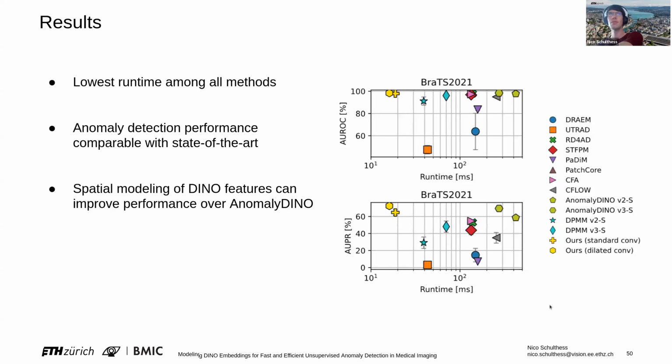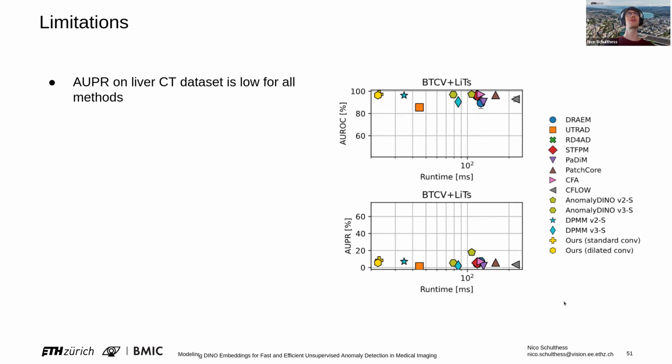Coming to the limitations, when I showed you the datasets, I told you that we're coming back to the liver CT dataset. Results on the liver CT dataset, in terms of area under the ROC curve, are all very high. However, when you look at the area under the precision recall curve, scores are all low, which indicates that all the methods predict a lot of false positives.